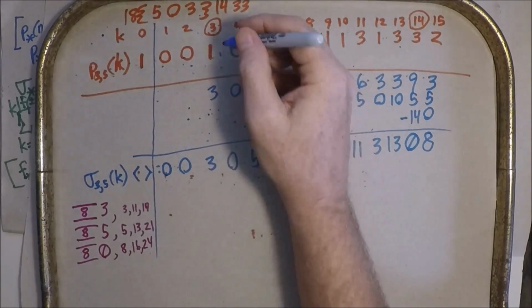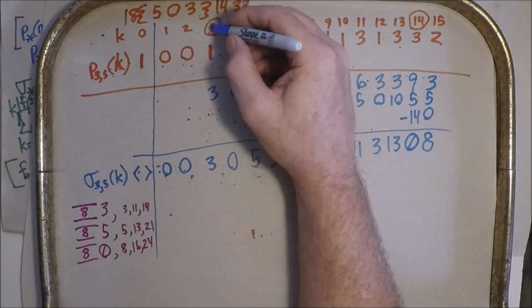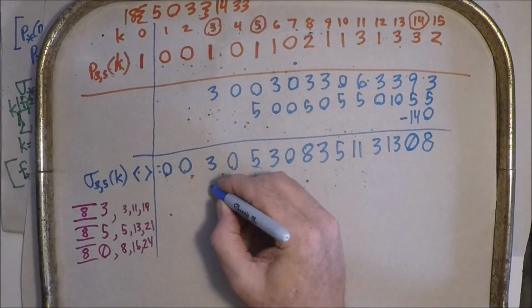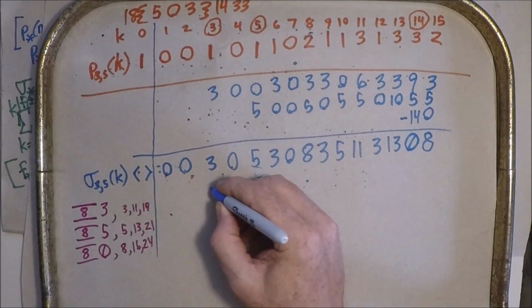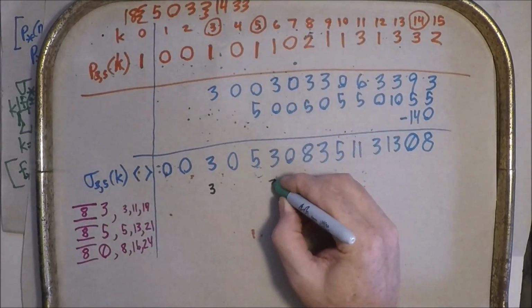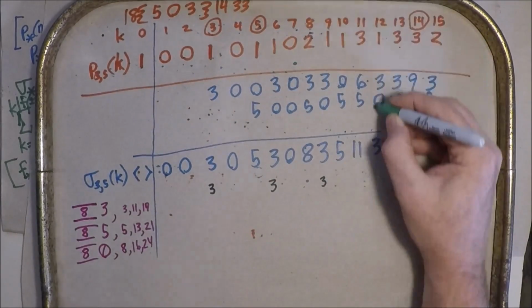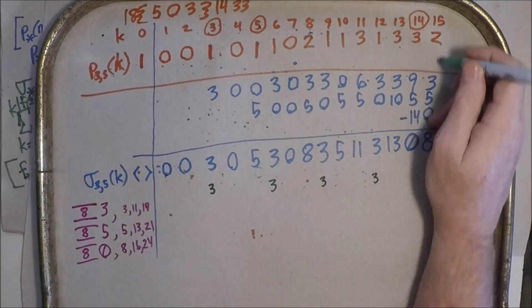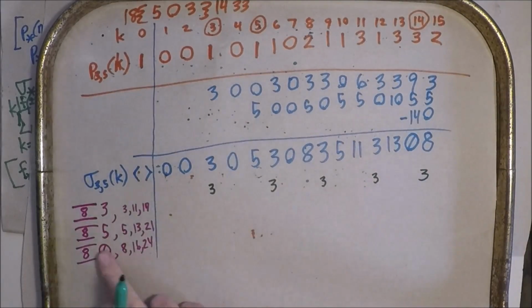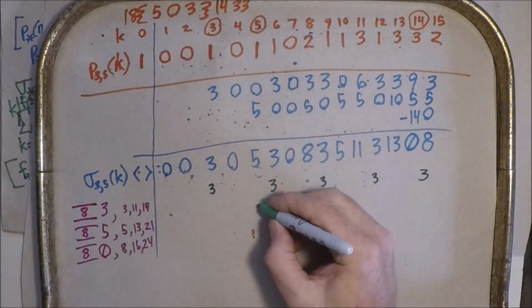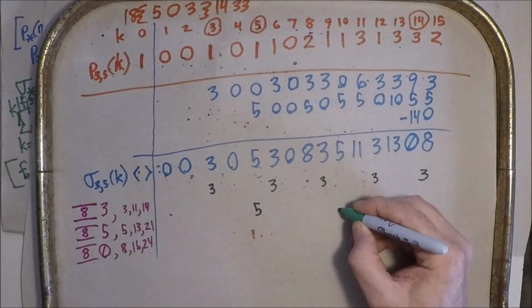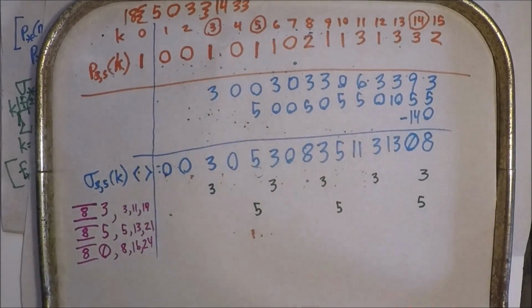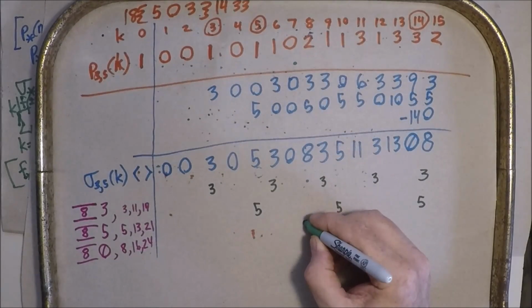All we really need to do is we can just list the divisor where it appears. So 3 has a divisor of 3. And then so will 6, and 9, and 12. And 15, and 5, 5, 10, and 15, and 8.